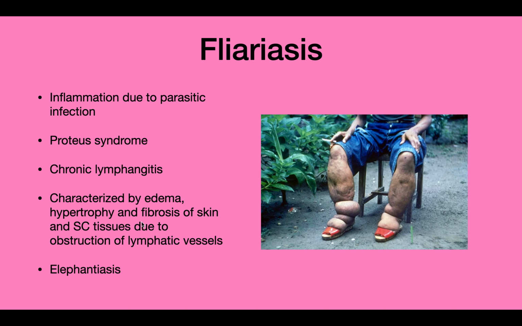It's characterized by edema, hypertrophy and fibrosis of the skin and subcutaneous tissue, and it's also known as elephantiasis, and there is going to be keratinization of the skin. It's going to look very tree-like, bark-like.